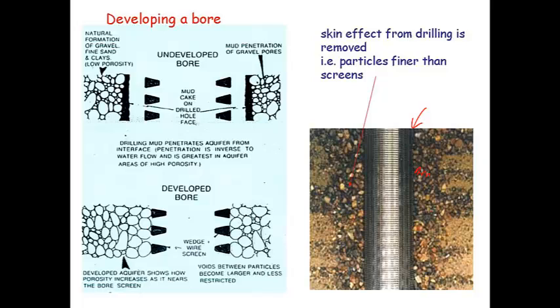And as a result, we have a fairly clean gravel that's formed right around the well. That's acting as the filter pack in this case. This is called a naturally developed well. And the characteristic is that it doesn't have a filter pack that's applied, because the filter pack is there as part of the formation.